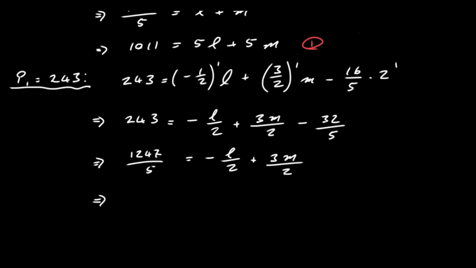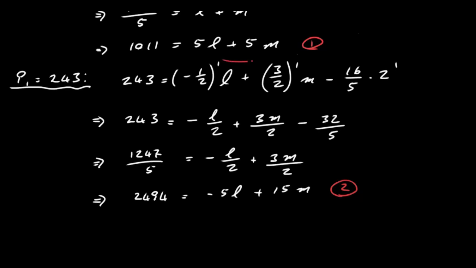What I'm going to do next is just multiply across by 10, I think. So that'll give me 2 times 1247 on the left hand side, that's 2494. And then here I'll end up with minus 5L. And here 2, 10, 3, I'll end up with 15m. So this is my second equation here.